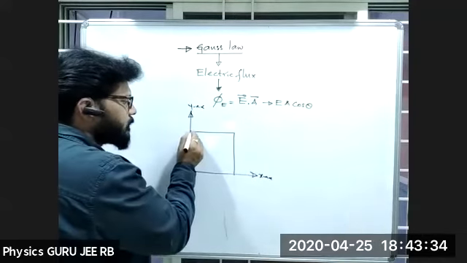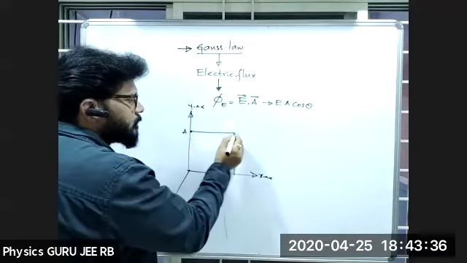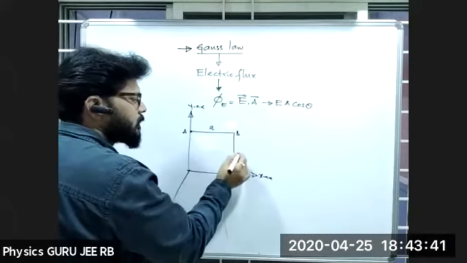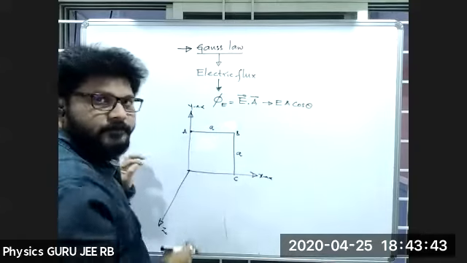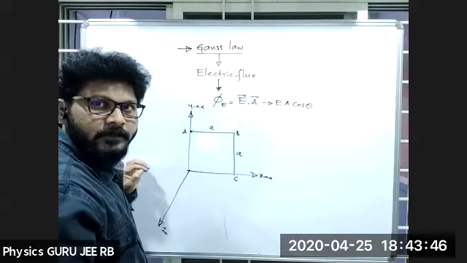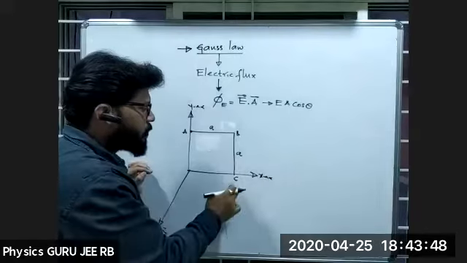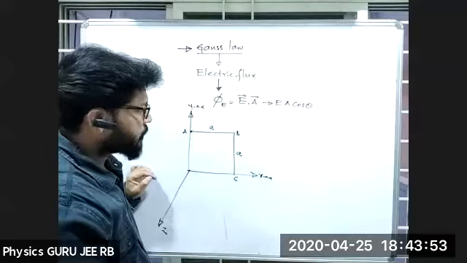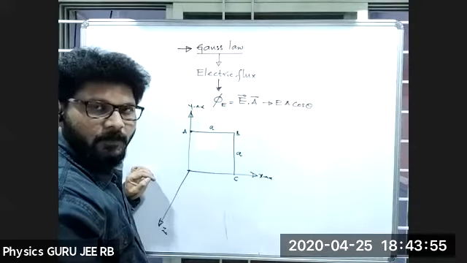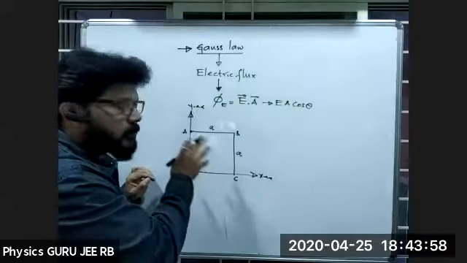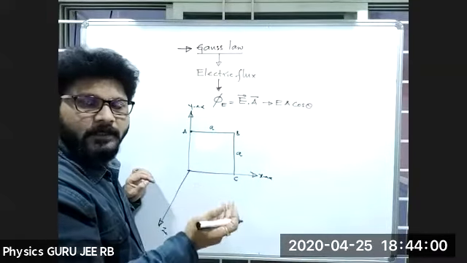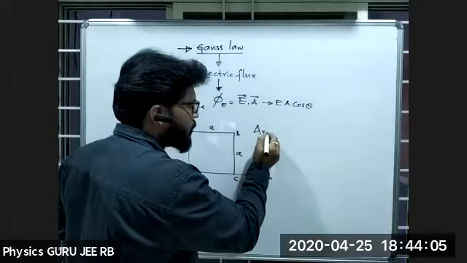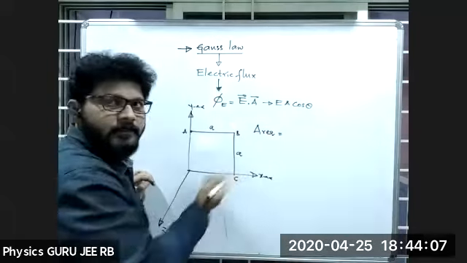Let me give names to it: this is A, this is B, this is C. Here each side is A, A and A. Now, if I want to convert this length into breadth into a vector quantity, area is actually A square, right?